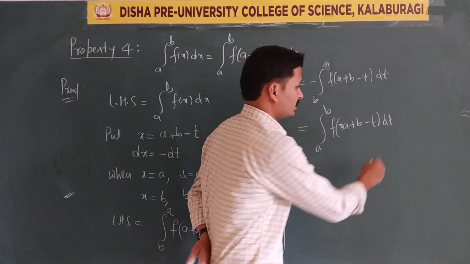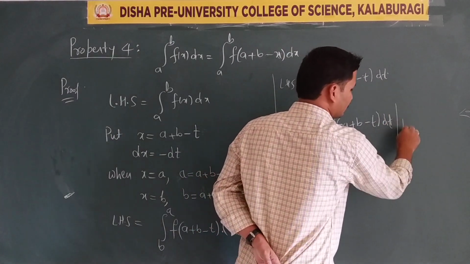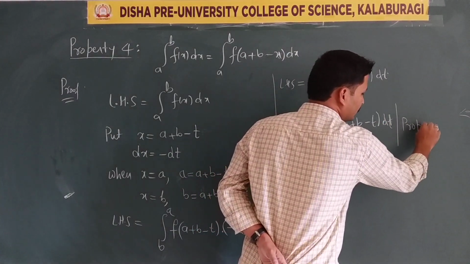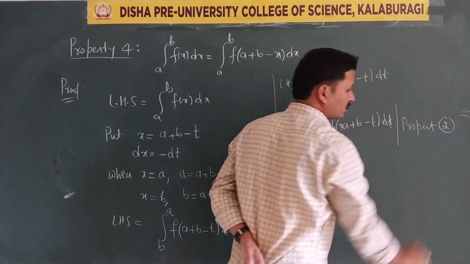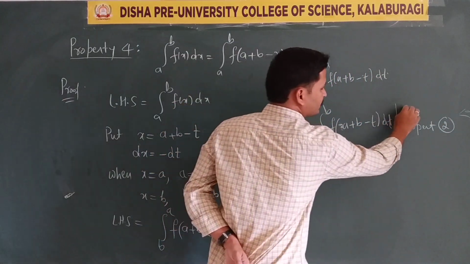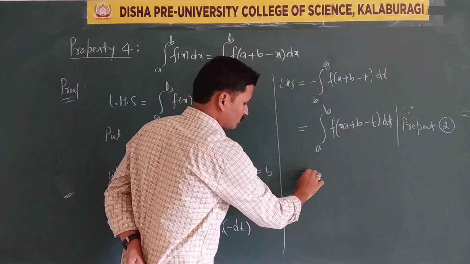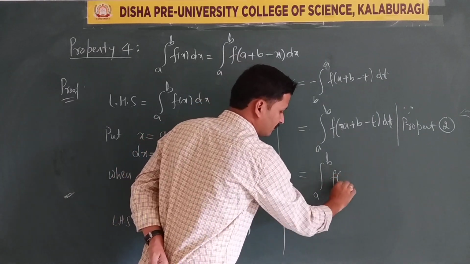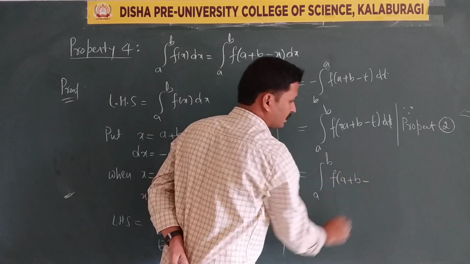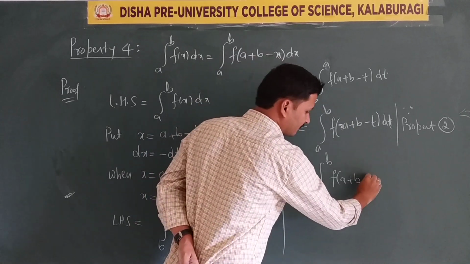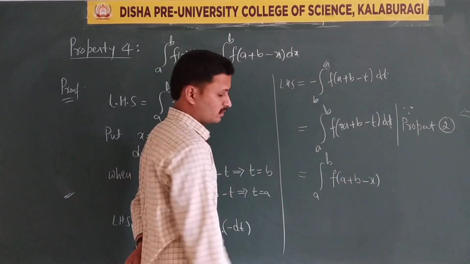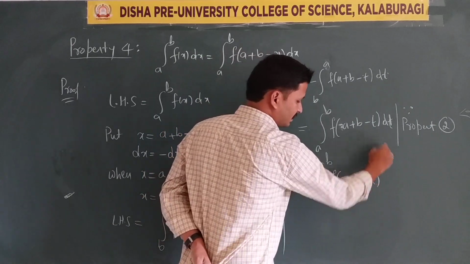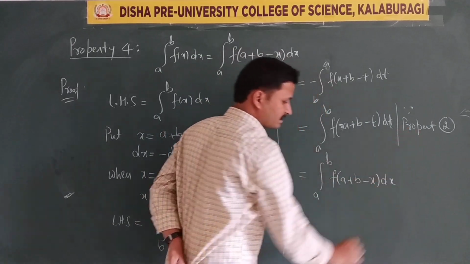Here we need to mention property 2, since property number 2. Now this is equal to integration from a to b of f of a plus b minus, in place of t I will write x, a plus b minus x dx.